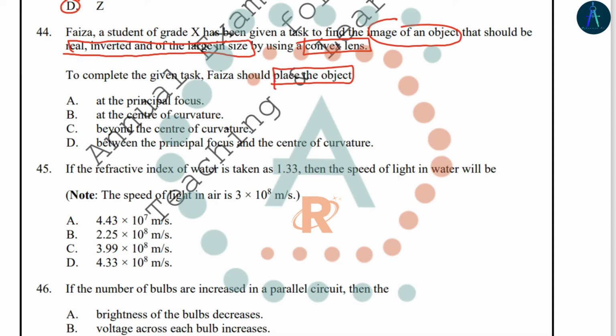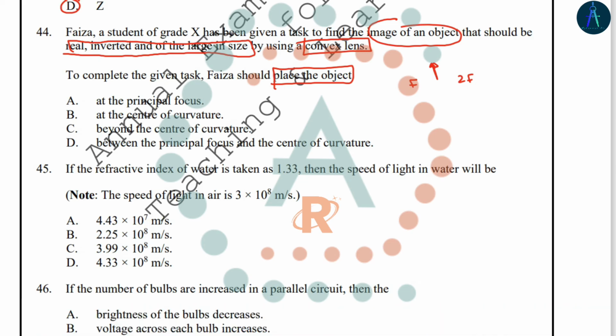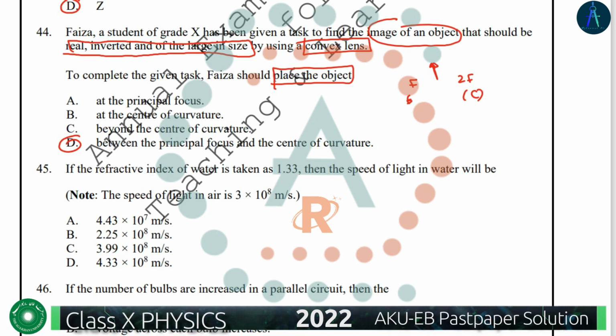So the real, inverted and large size image is formed when the object is placed between F and 2F. When the object is between F and 2F, the image is always formed beyond 2F, that is greater than the object. So the correct answer will be between principal focus and center of curvature, that is 2F. So option D is the right answer.